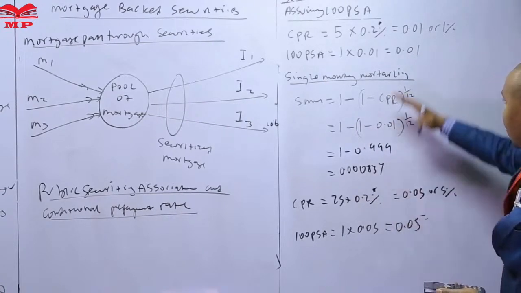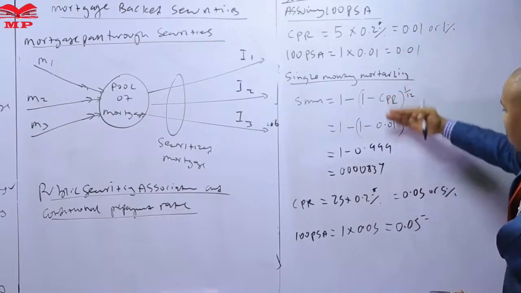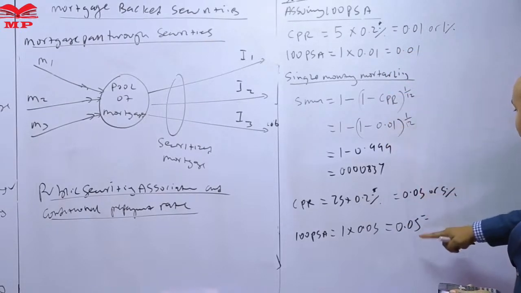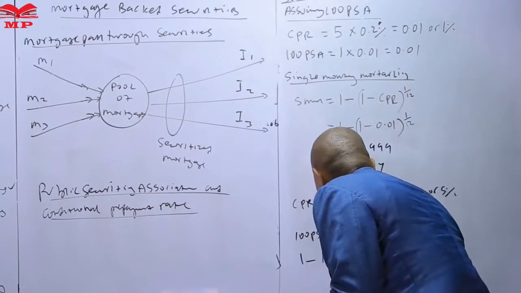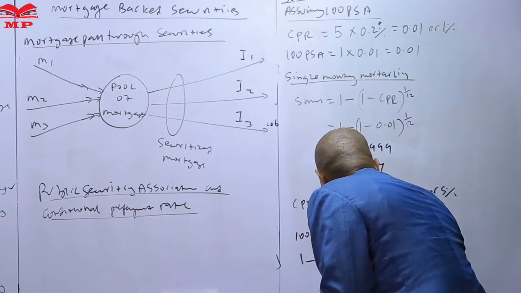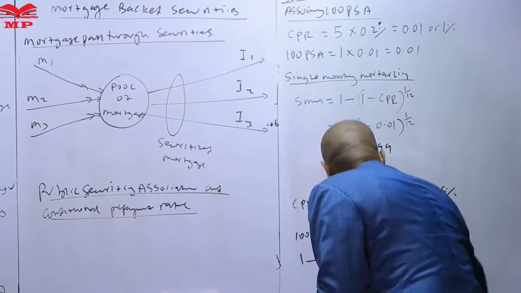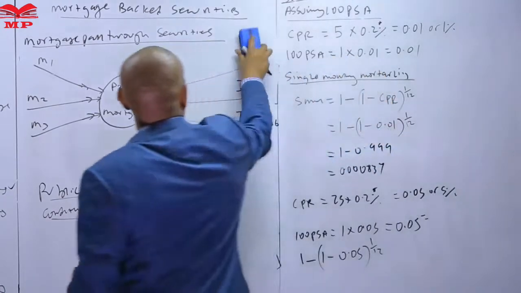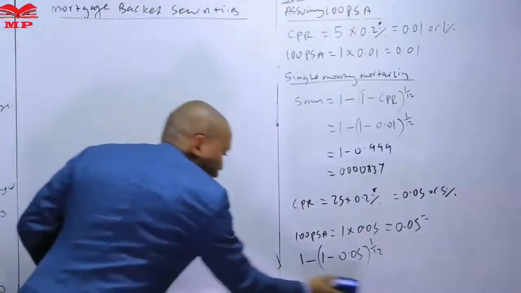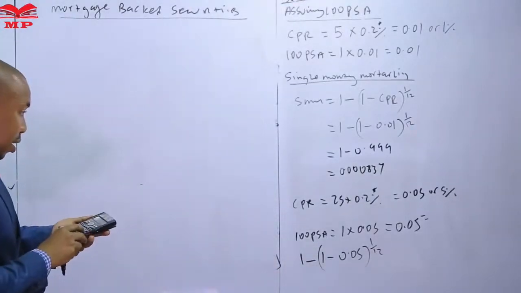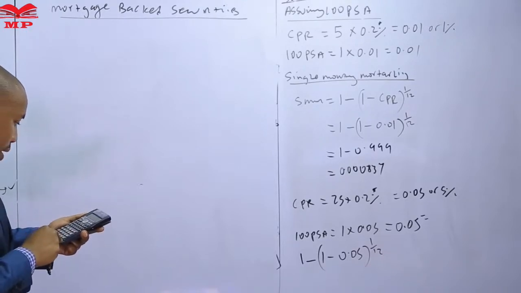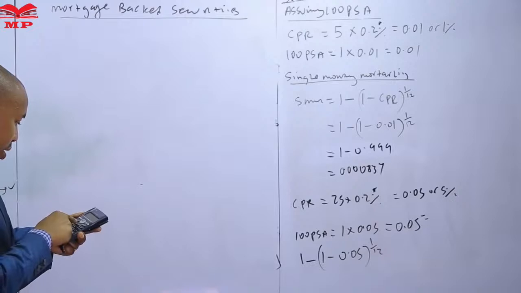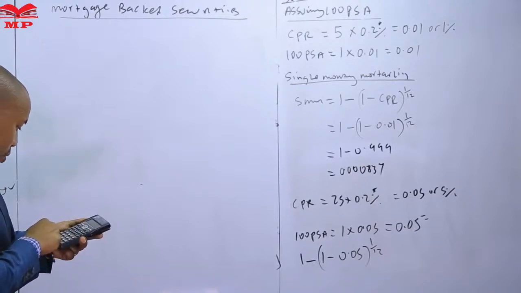Once we get 0.05, we can calculate the single monthly mortality. We already have the CPR as 5%, so it is 1 minus (1 minus 0.05) to the power 1 over 12. How much do we get? 1 minus 0.05 is 0.95. So we get the 12th root of that.